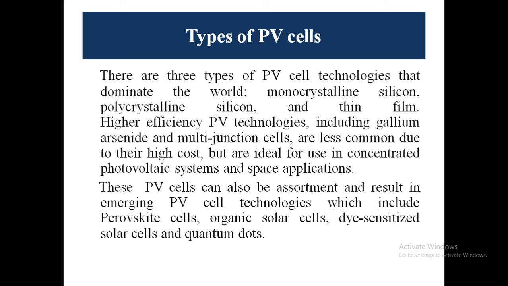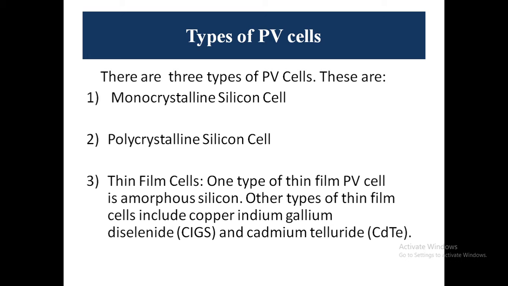These latest technologies include perovskite cells, organic solar cells, dye-sensitized solar cells, and quantum dots. When the cells are assorted, high efficiency cell technologies are created. So these are some of the examples.